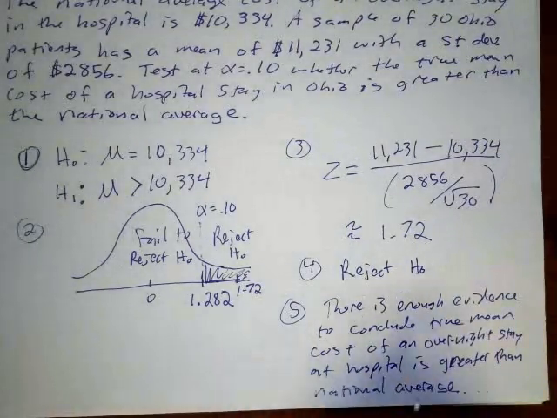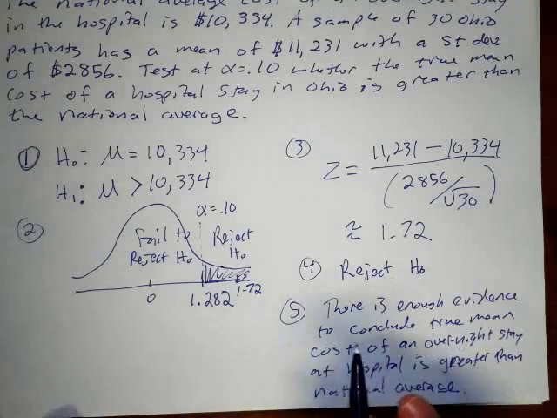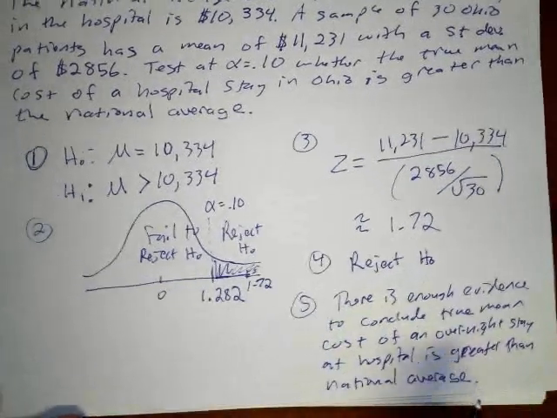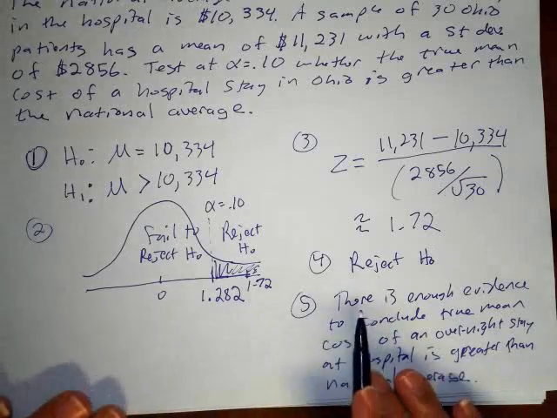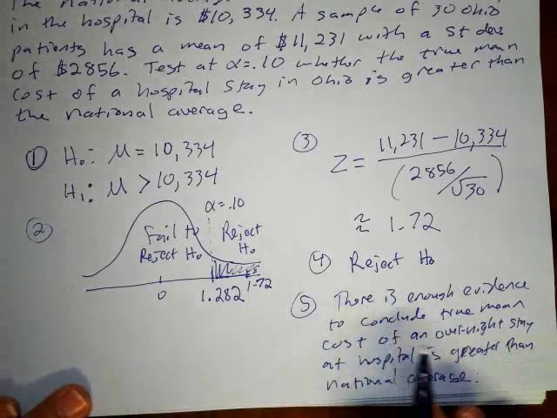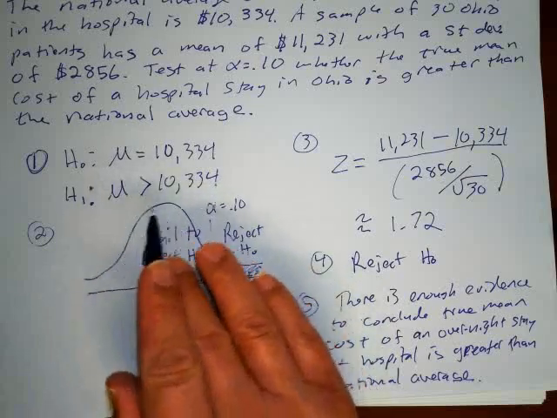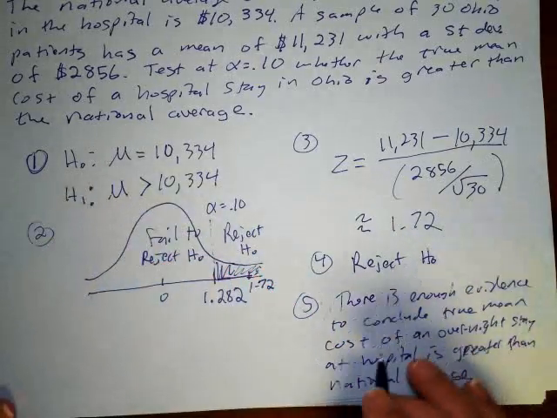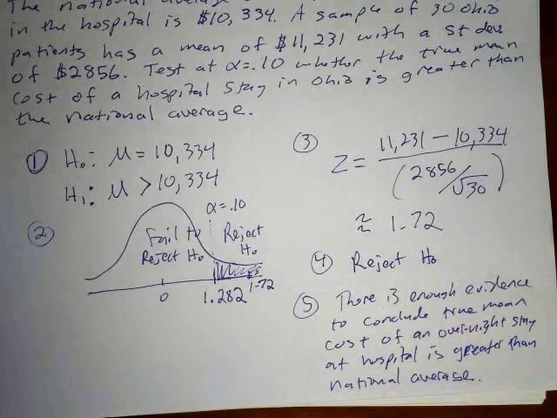I wrote it all out here, but usually it's fine if you say something like, there is enough evidence to conclude the true mean is greater than 10,334. I'm just describing what the true mean is: the cost of an overnight stay in Ohio.